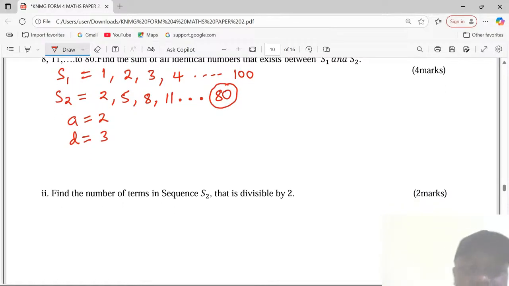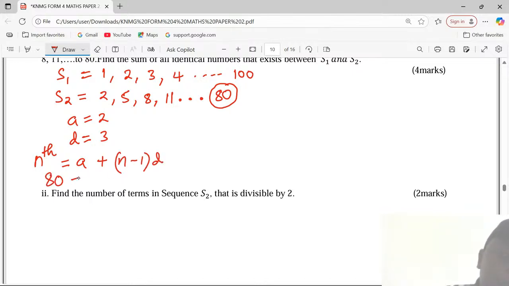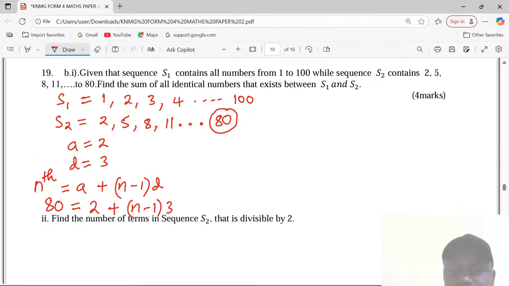Then the last term, the nth term, is 80. Remember, the nth term is given by a plus n minus 1 into d. So 80 equals 2 plus n minus 1 multiplied by d, which is 3.